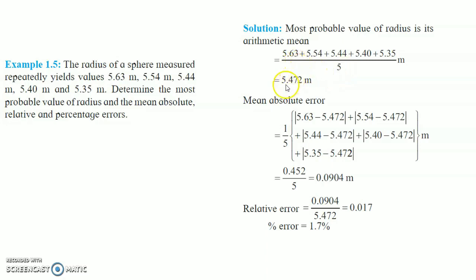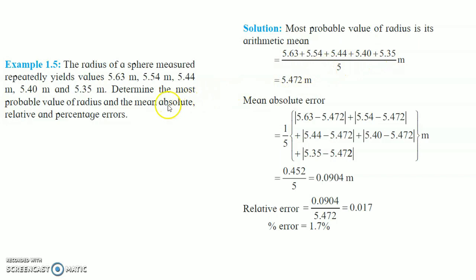After solving this, we get the answer as 5.472 meter. So the radius of the sphere is very close to 5.472 meter because it is the mean of all the readings which we have got.